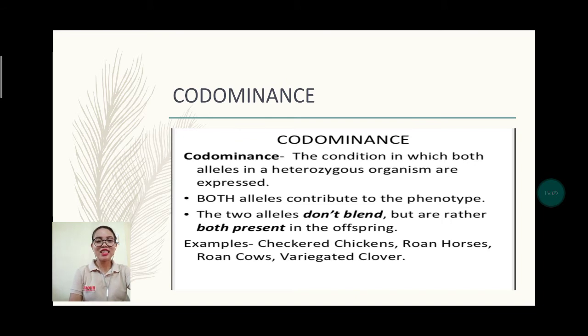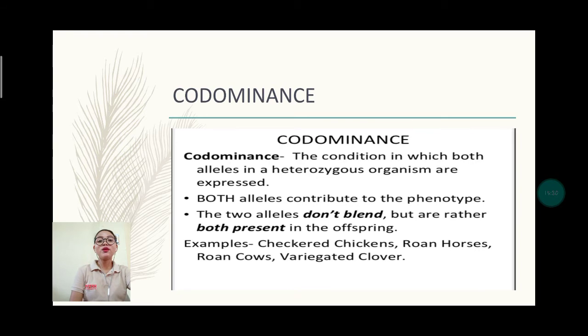The example indicated is an example of what we call codominance. Okay, when we say codominance, it is a condition in which both alleles in a heterozygous organism are expressed.